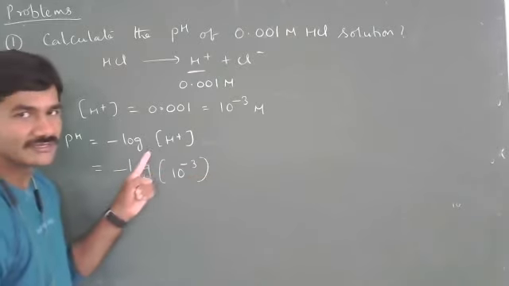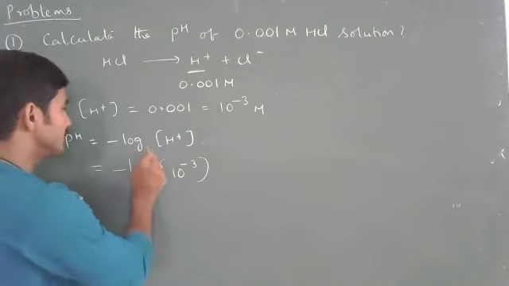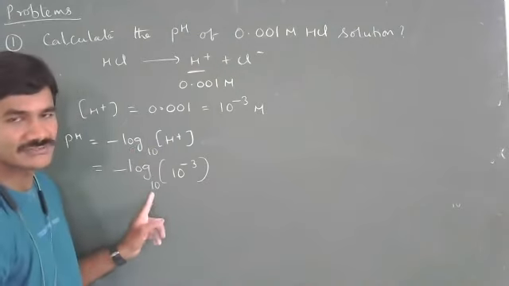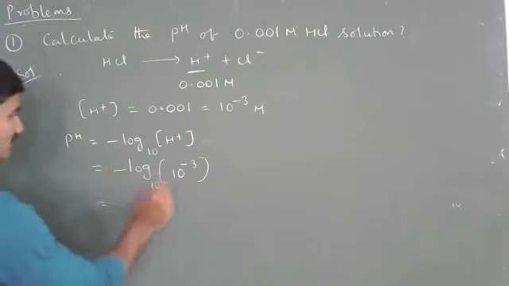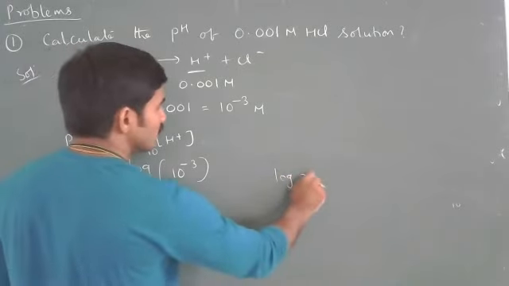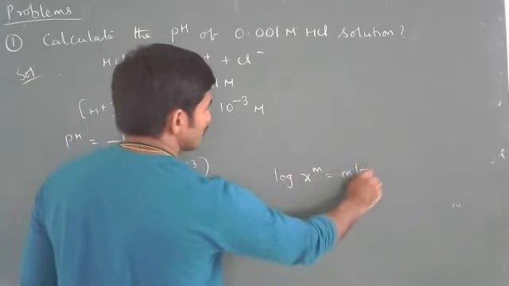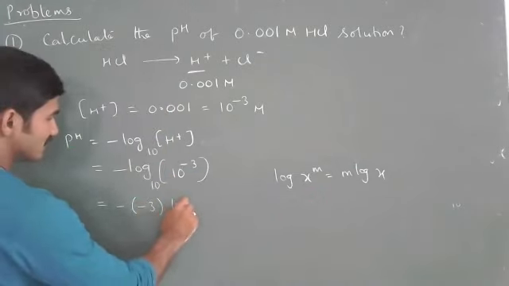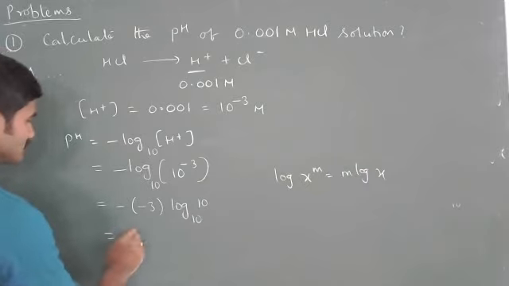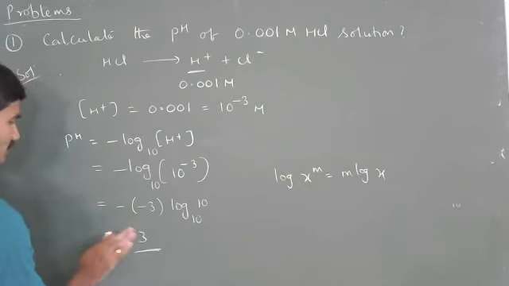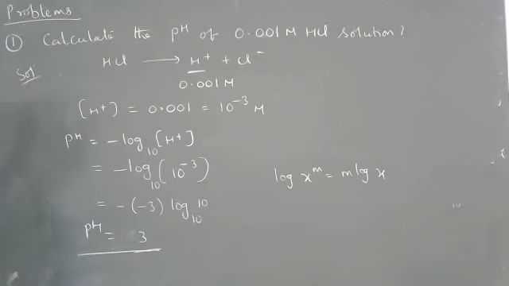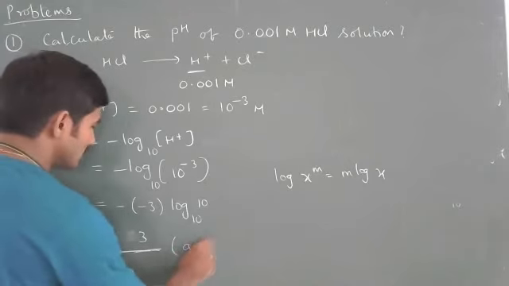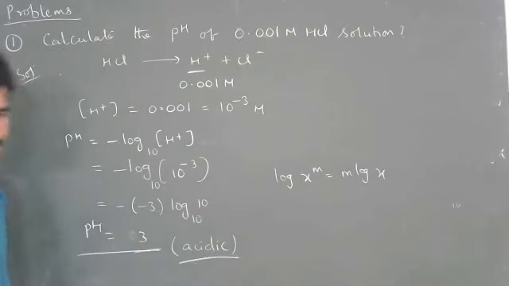Always I told you, if I write just log, it means there is a base 10. So by the log exponent formula, m log x, I can write minus of minus 3 log 10 base 10. Log 10 base 10 is 1. So pH is equal to 3. If pH is equal to 3, that is an acidic solution. Understood the problem?